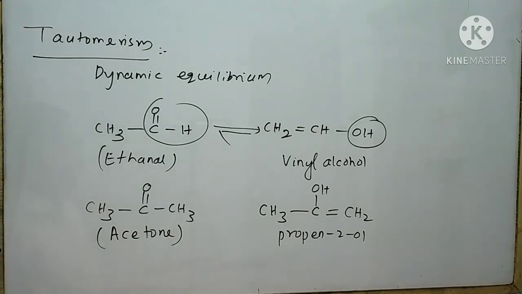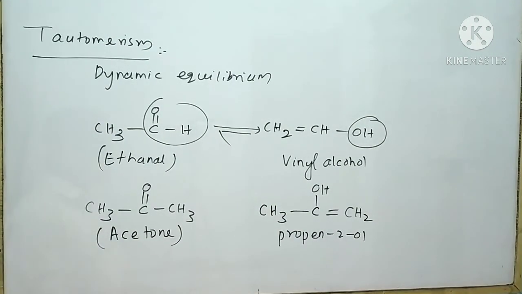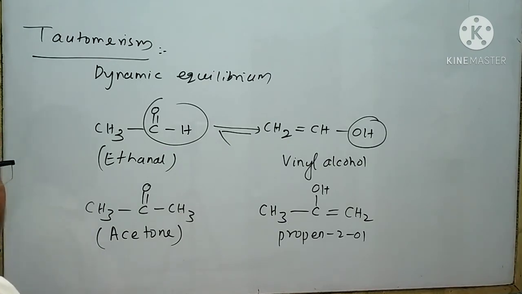Both these compounds are functional isomers of each other, and there is also a relationship between them. They are in dynamic equilibrium. So these two functional isomers are also tautomers.